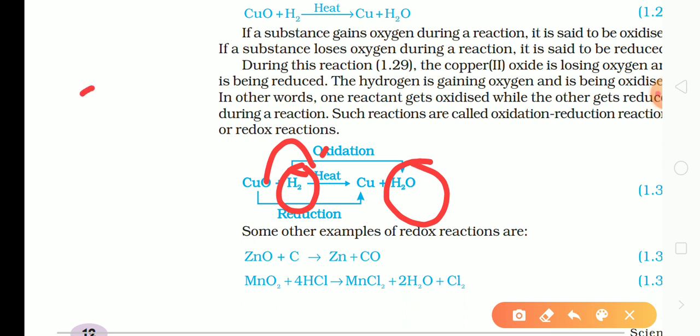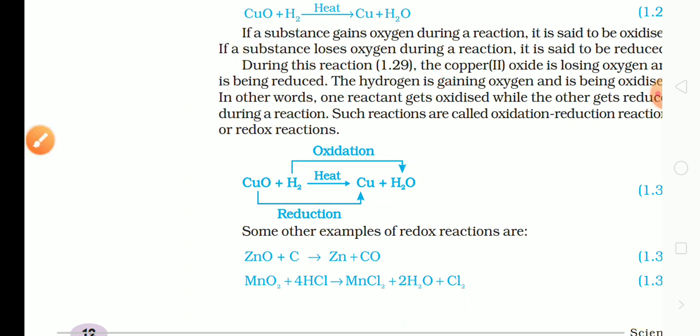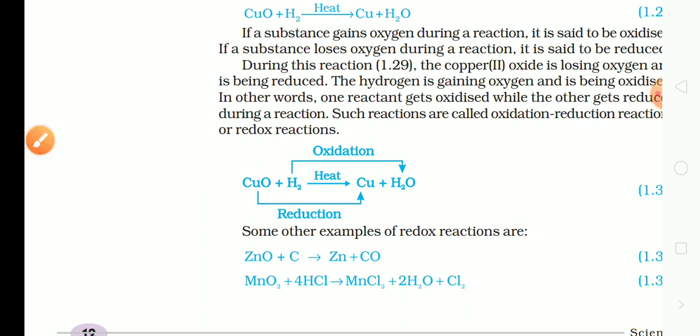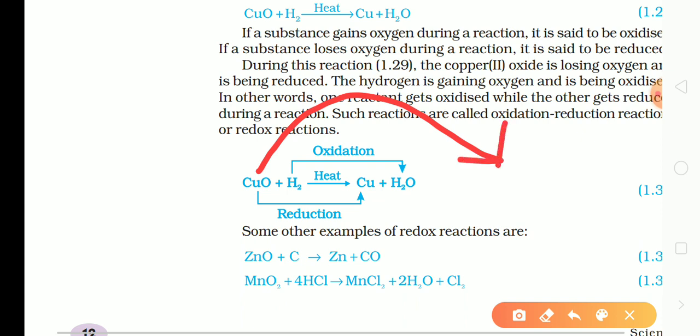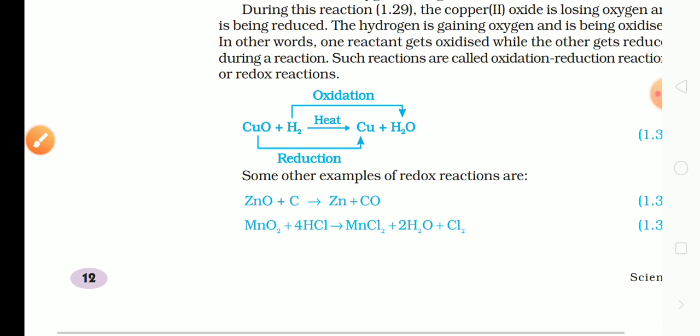Oxygen is added to hydrogen, which means hydrogen got oxidized. So in this reaction one reactant is getting reduced and the other one is getting oxidized. Is it clear for you? I will tell you once more. Oxygen is coming out of CuO, which means it is reduced, and that oxygen is added to H2, which means H2 gets oxidized. That's all. We can find some more examples of this oxidation reduction couple.